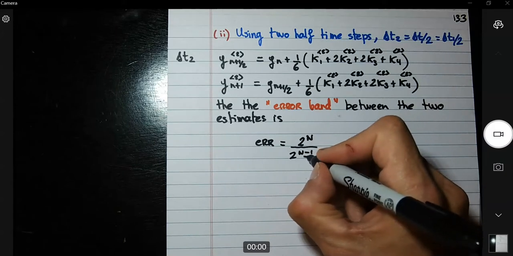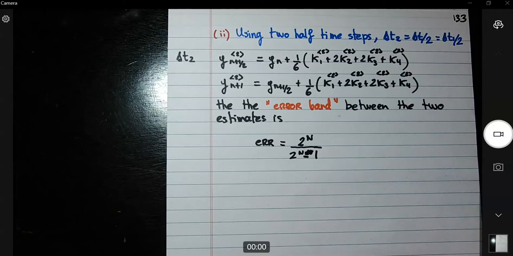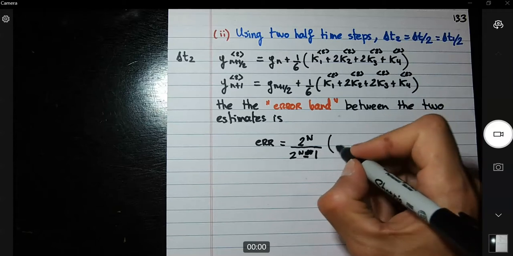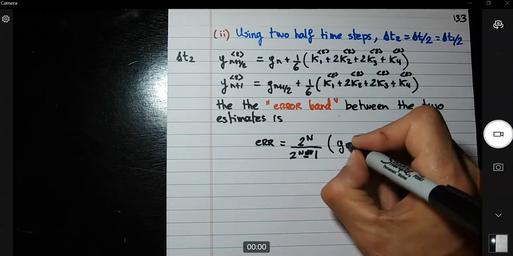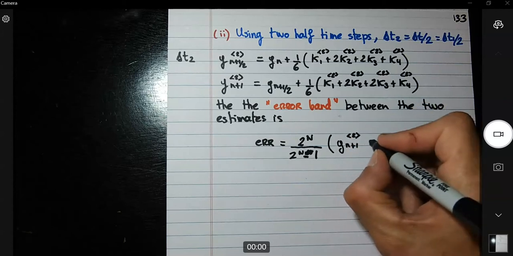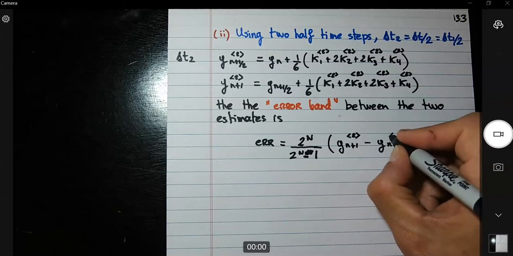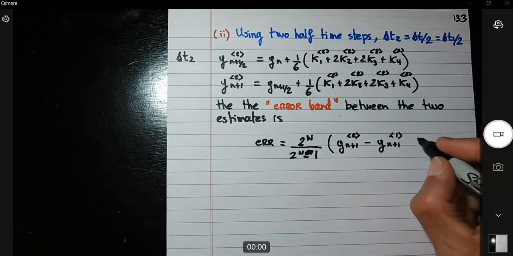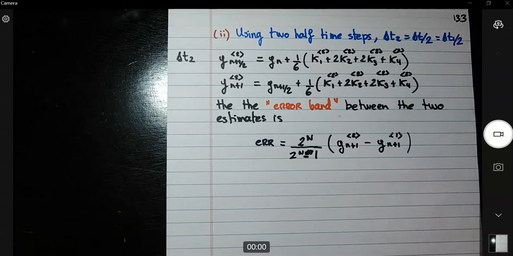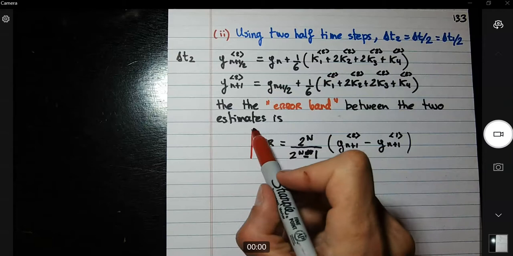So this n minus 1 is not to the power, times y n plus 1 2 minus y n plus 1 1. So this is the error estimate.